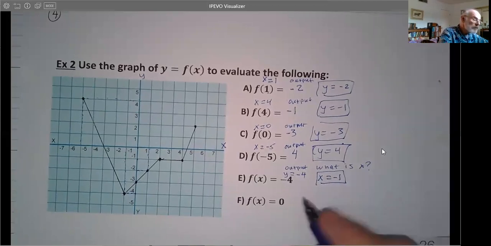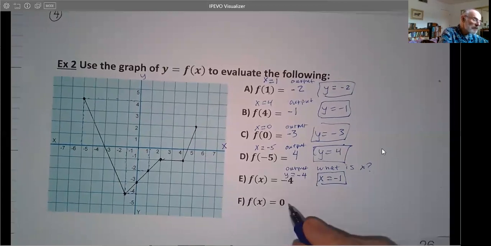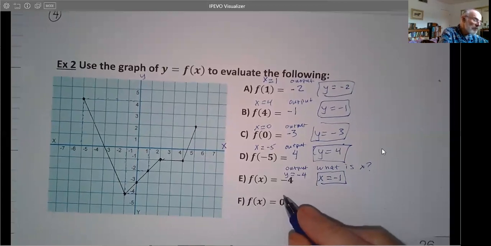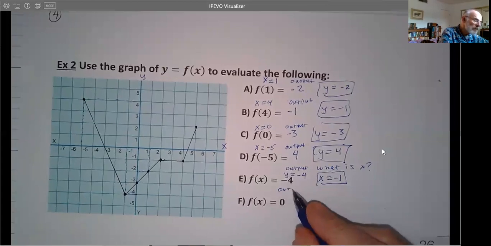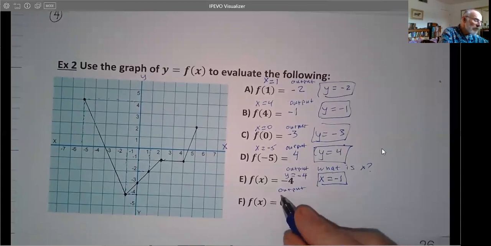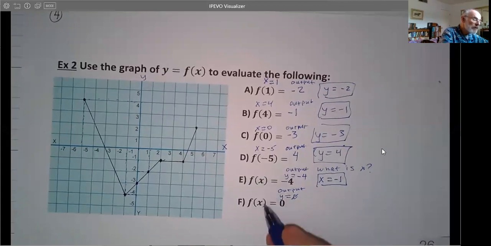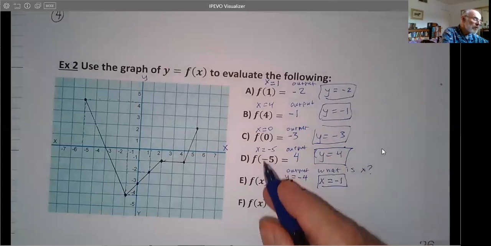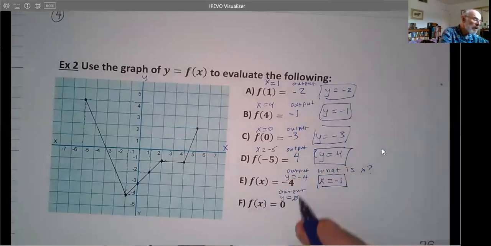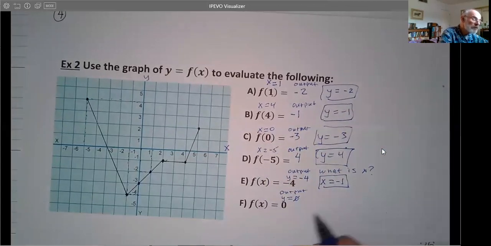Okay, so here again, this is f of x equals 0, so that means this is the output. So y equals 0. Okay. Again, I know that because they put x's over here. They didn't put numbers. Notice the numbers were over here, the inputs, and so we figured out the outputs by going to the graph. We're doing the same thing here.